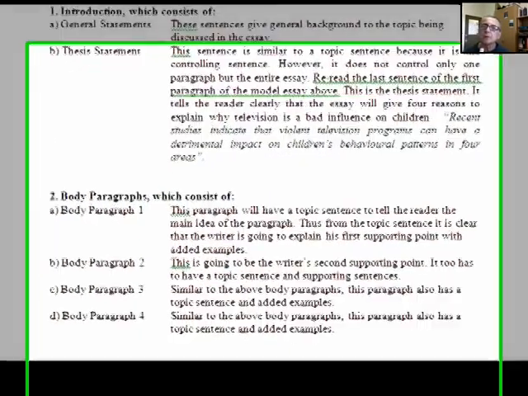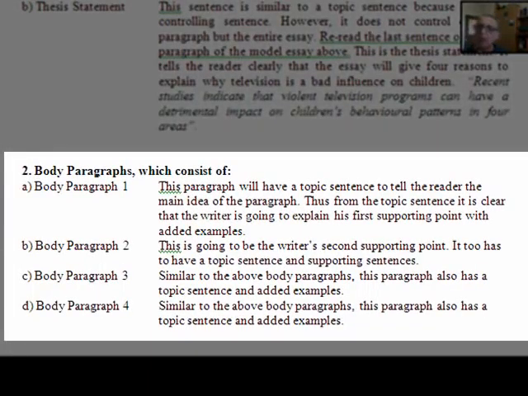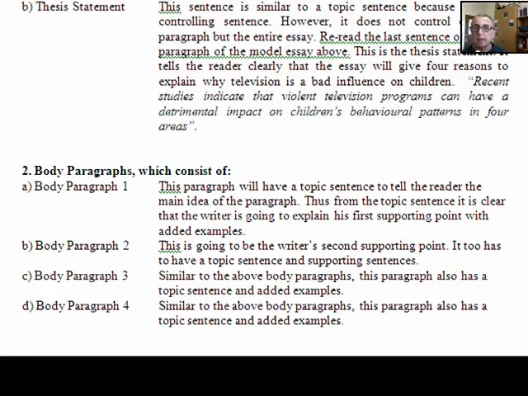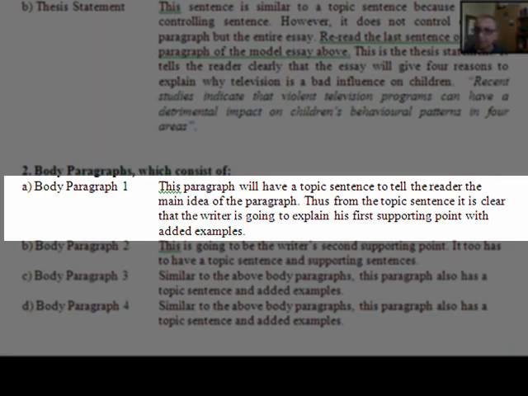Well, after the introduction, we next come to the body paragraphs. And the number of paragraphs that you have in the body will depend on the type of essay you have and how many points you've mentioned in the thesis statement. Okay, so body paragraph 1.